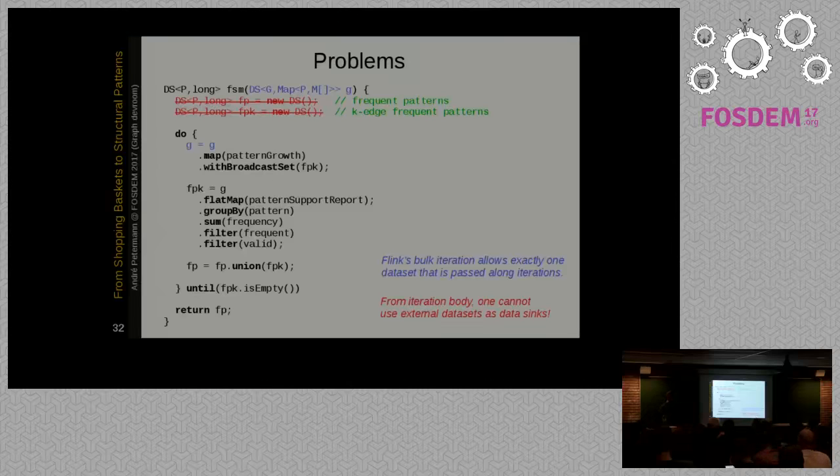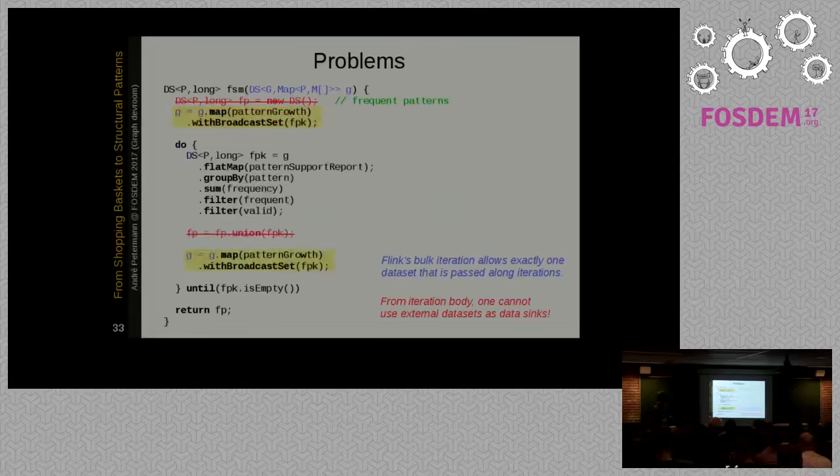There's also a constraint that from the iteration body we cannot access these data sets. So this doesn't work. For the first one, the k-edge frequent patterns, there's a quite simple solution. We just pull it out of the iteration and instantiate the set of k-edge frequent patterns inside the loop, so we can avoid the external access.